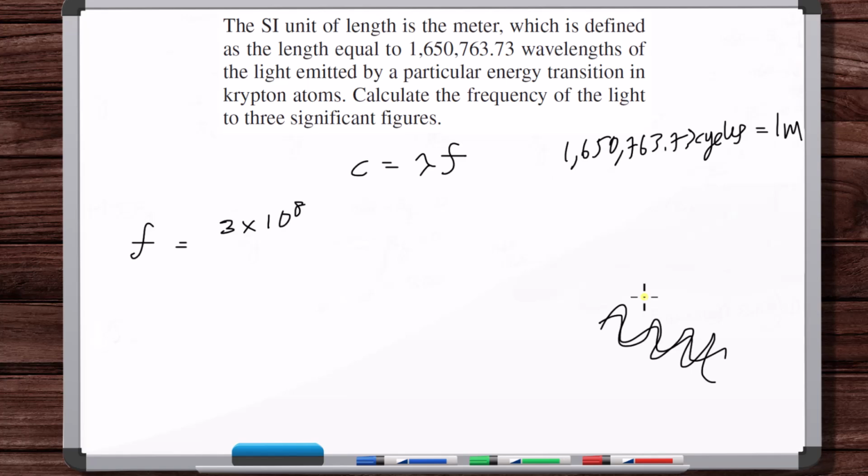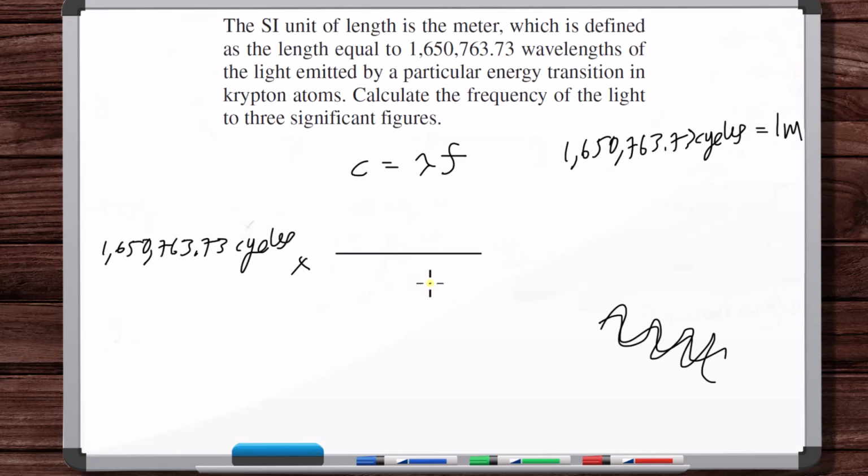So, with that in mind, let's think about if we write this out. So 1,650,763.73 cycles times the fact that what?